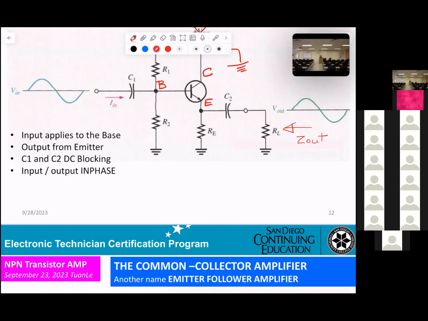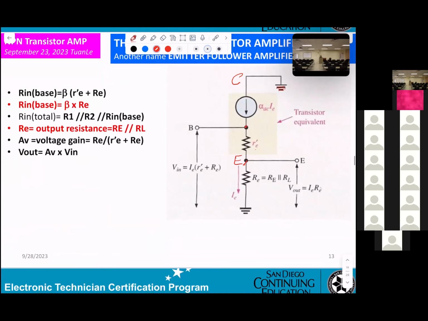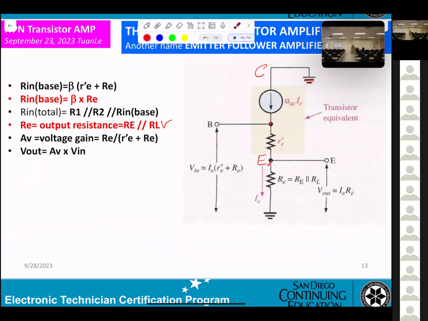If you see you're looking into that, this capacitor will be shorted. They're telling you RE and RL in parallel. So that's why they're telling you right here: output resistance, RE parallel RL.